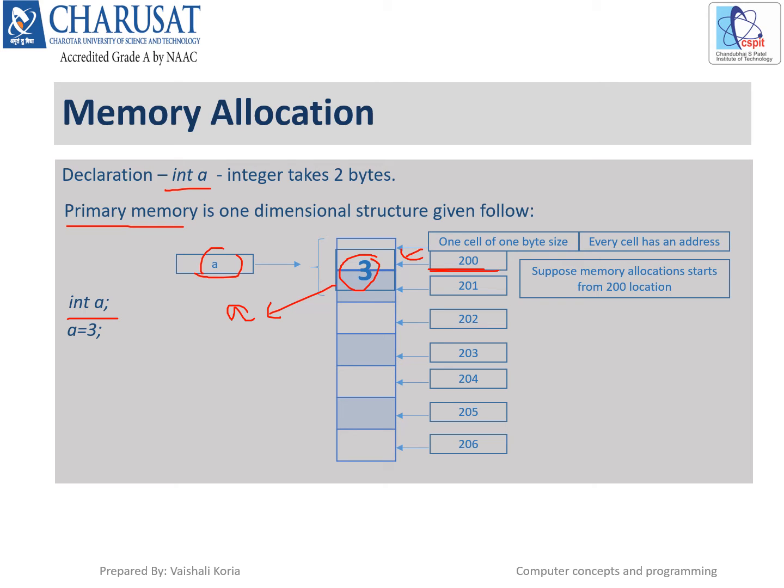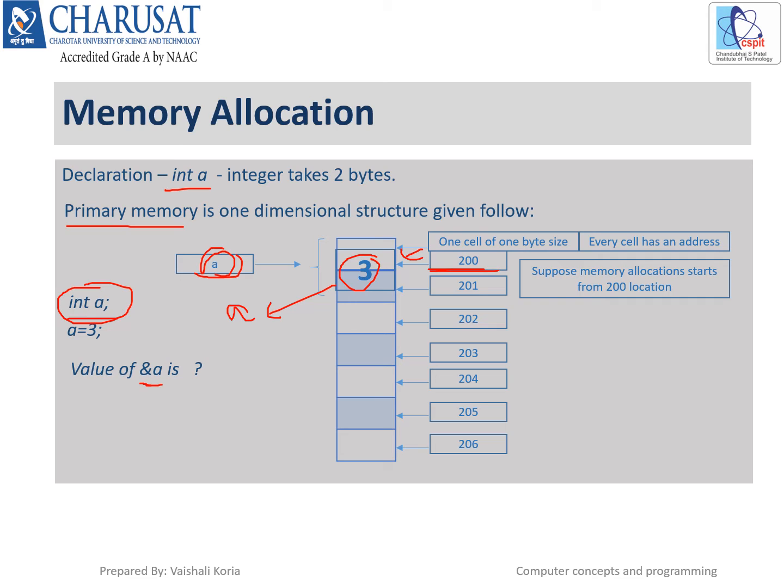So 200 is the address of variable a, and the address can be displayed using the address-of operator. The address-of operator applied to a will give you 200. You will see that in detail in the pointers chapter. And remember this: when you are writing integer a, we actually don't know where a's value will be stored.